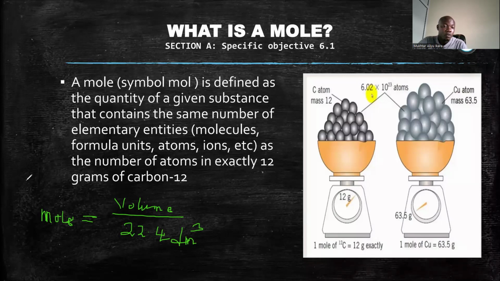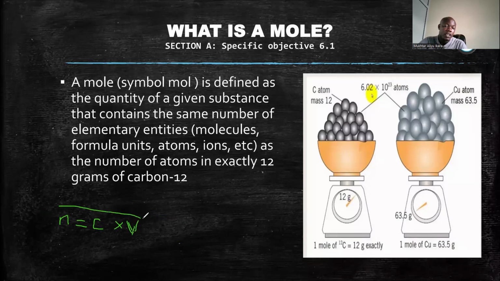Then we also have another formula for calculating mole, which is N. You can use N to represent mole. So mole can be concentration, which is C, times volume. So concentration times volume can be used to calculate the mole.